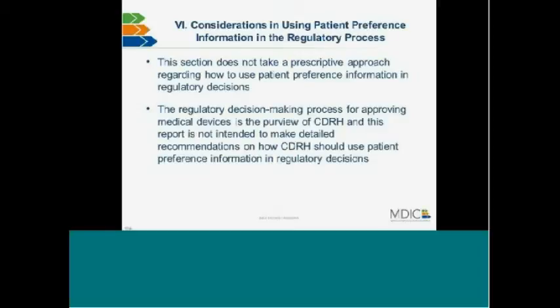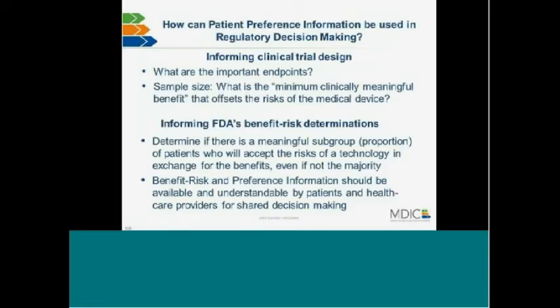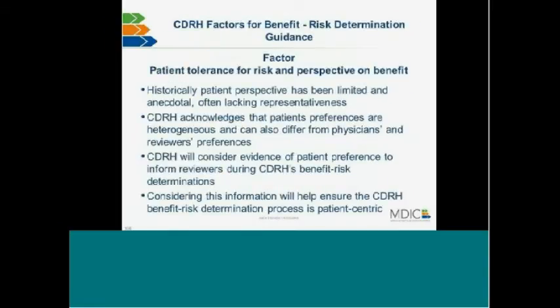But again, talking about the benefit risk guidance, there is an important additional factor other than the benefits and the risks that deals with the patient tolerance for risk and perspective for benefit. So when we are weighing at CDRH benefits and risks, we have to put weights on the benefits and the risks.